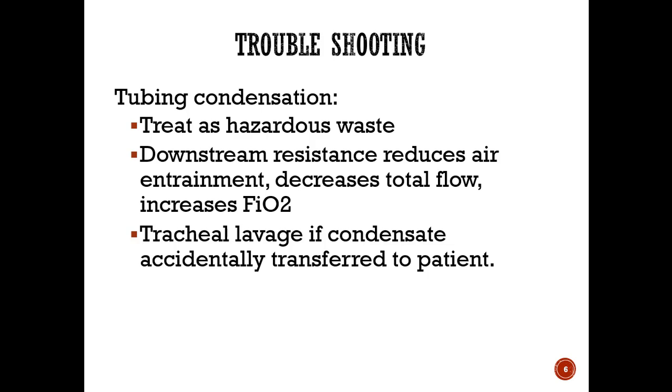If a large volume jet neb cannot pull in room air like it's supposed to, then it's going to rely on just the oxygen flow meter. And we know that if it's hooked up to a flow meter off the wall, that's delivering 100% oxygen, and it gets diluted by its ability to entrain room air. So if you have a lot of condensation there, it can't entrain that room air like it's supposed to. It's not going to be diluting down that oxygen. So then you end up with a higher FiO2 than what's actually set.